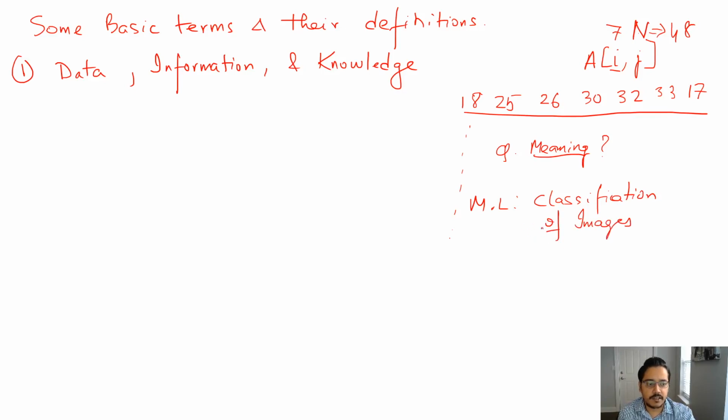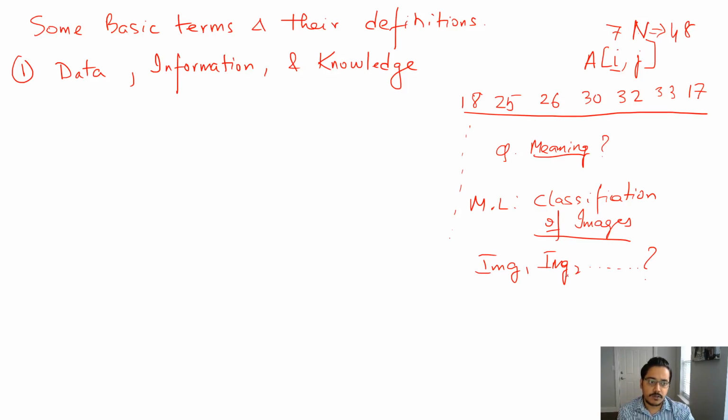So if you go to any image repository and download a bunch of images, let's say image 1, image 2, and so on, if you just simply download them and store them somewhere, do they convey any meaning, right? You can have many other different examples along these lines.